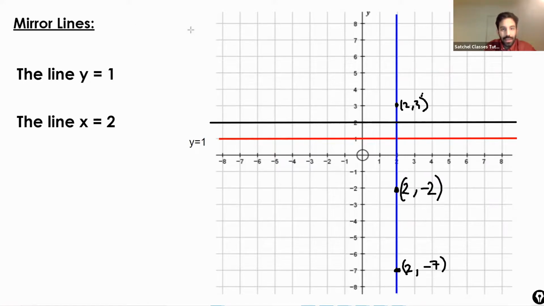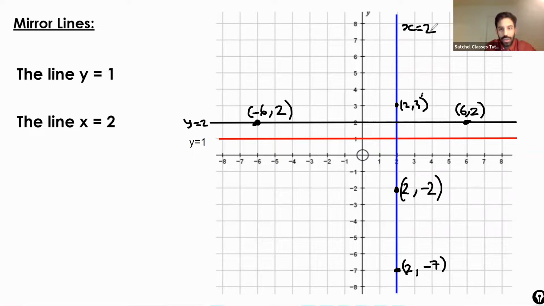So at, let's say, this point here, my x coordinate is going to be -6, my y coordinate is going to be 2. So x is not equal to 2 at this point. Likewise, at this point here, my x coordinate is going to be 6, my y coordinate is going to be 2. So this is the line y equals 2, this is the line x equals 2.